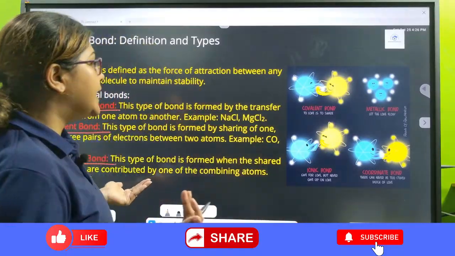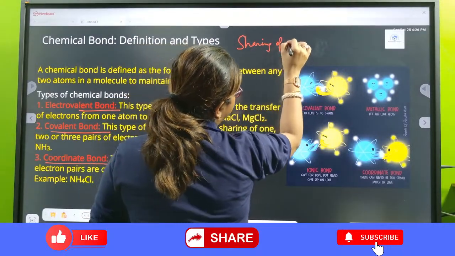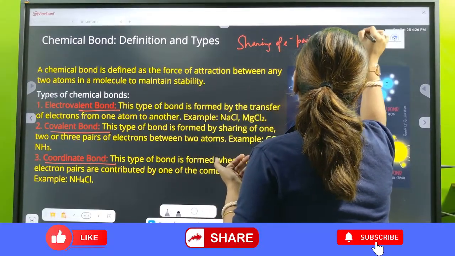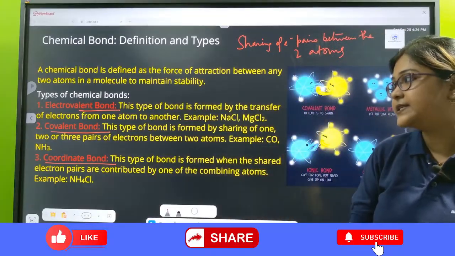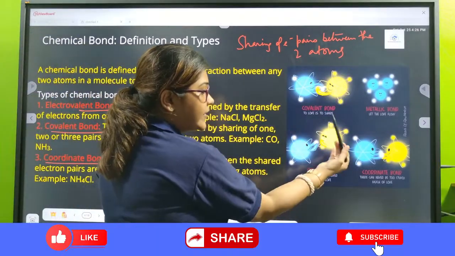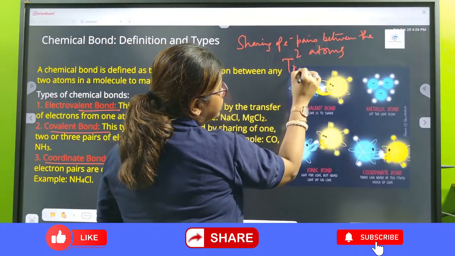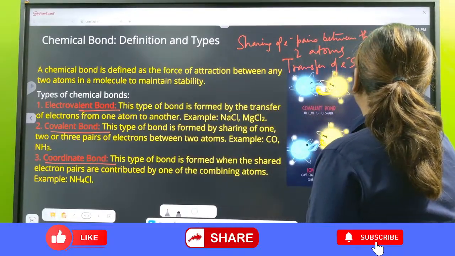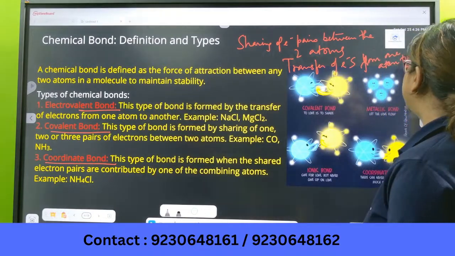That means it occurs by sharing of electron pairs between the two atoms taking part. In electrovalent bond, one is giving up the love for the other. That means you have transfer of electrons from one atom to the other.